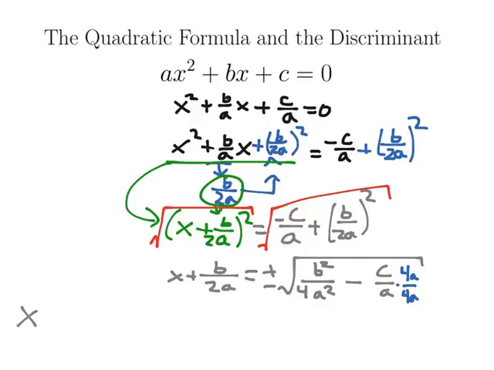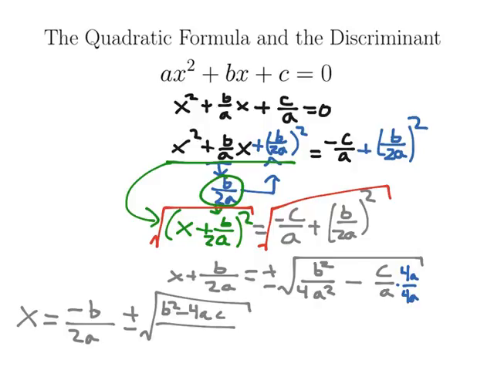So now x is equal to, I'll move this b over 2a to the other side, negative b over 2a, plus or minus the square root of b squared minus 4ac over 4a squared.